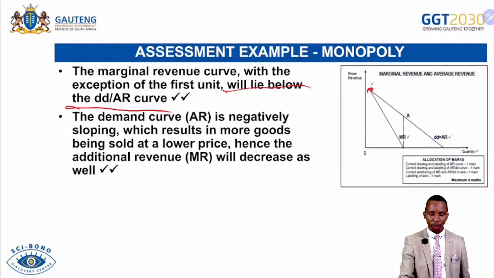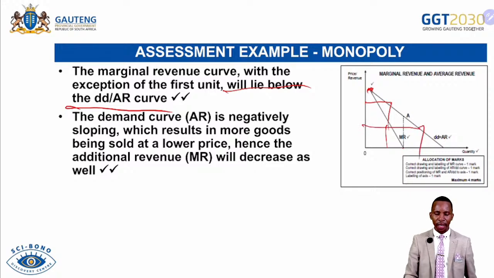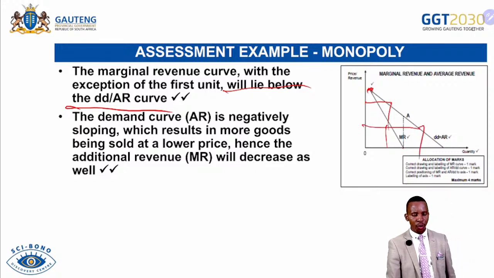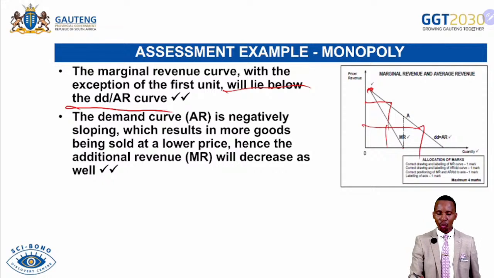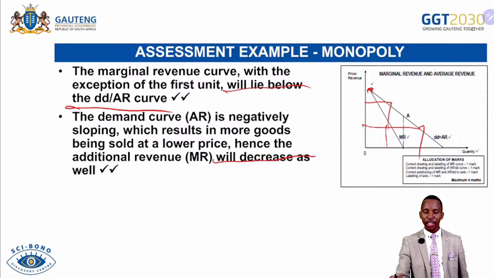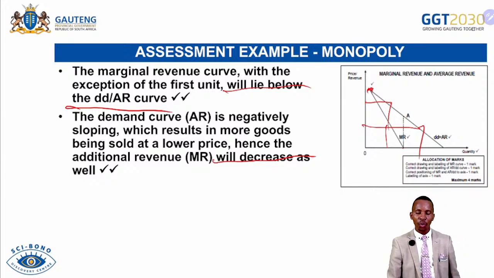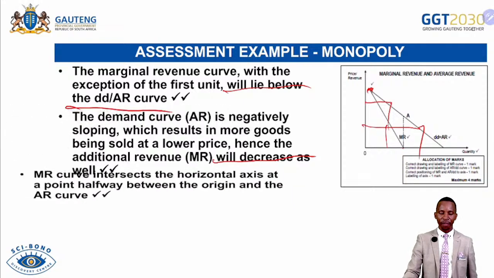You can see it's downward sloping, which results in more goods being sold at a lower price. If the price is decreasing, more goods will be sold, and hence the additional revenue will decrease. So marginal revenue will always be lower because for the firm to sell an extra unit, they must decrease the price, which makes marginal revenue always lower than the average revenue.